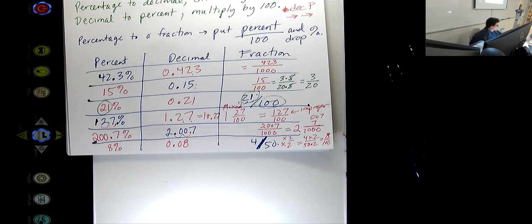So if you did the division of 50 divided by 4, which is what I did, I got 12.5 as the decimal. You did it the wrong way. This is 4 divided by 50, not 50 divided by 4.